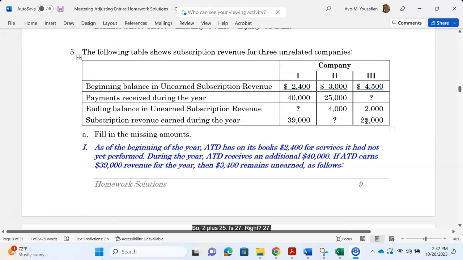So 2 plus 25 is 27, right? 27 minus 45 shows you how much money you received over there. So you have to go backwards. 2 plus 25 is 27. 27 minus 45, that shows how much money you received.